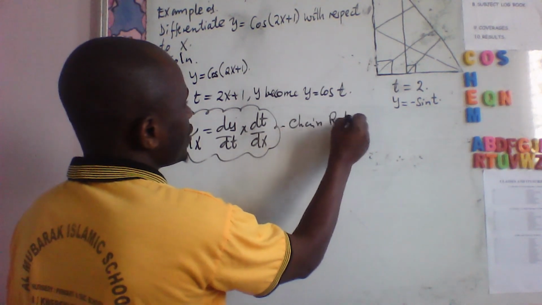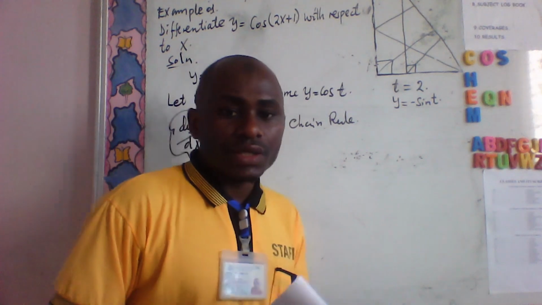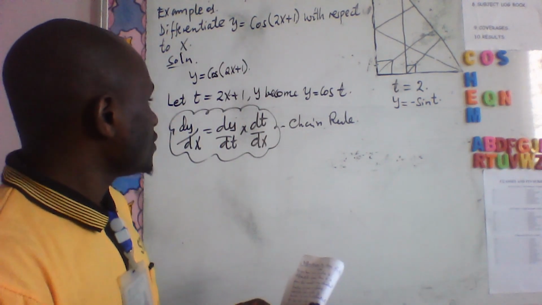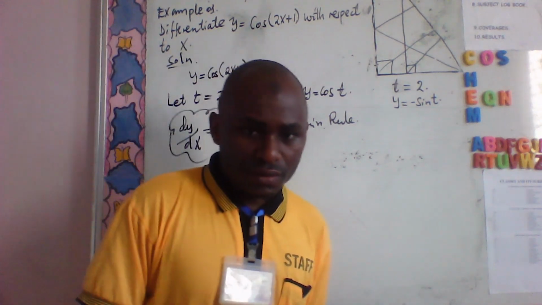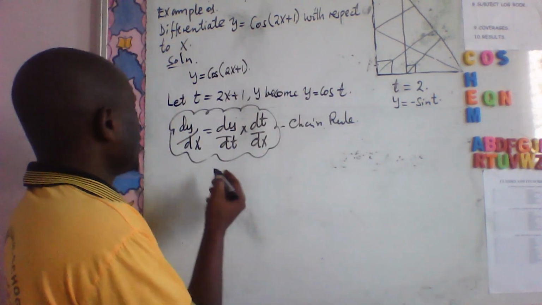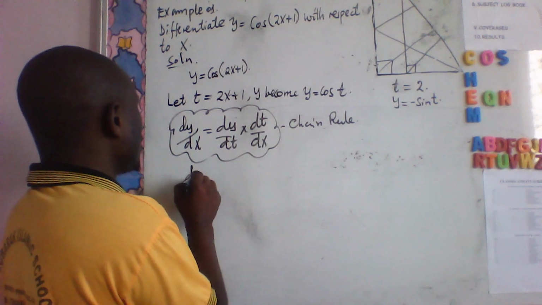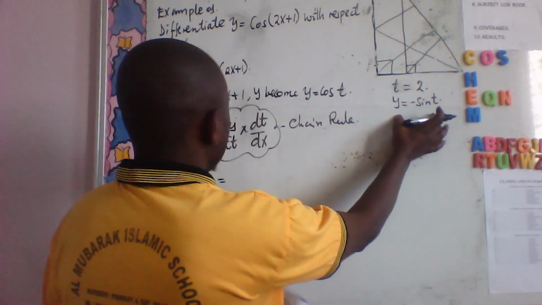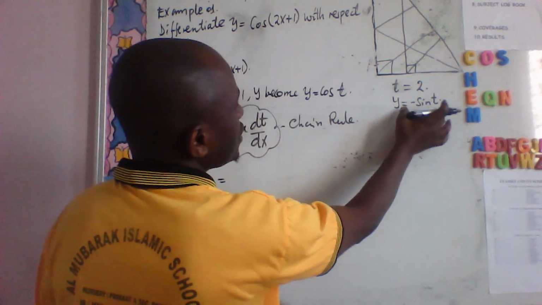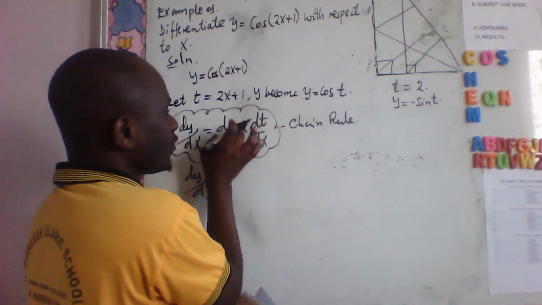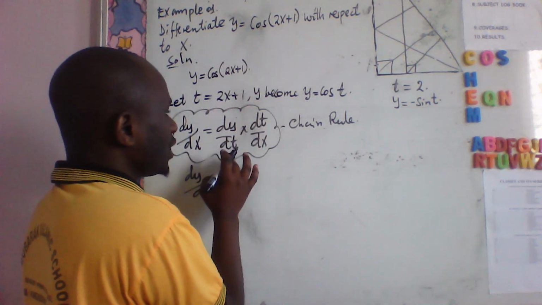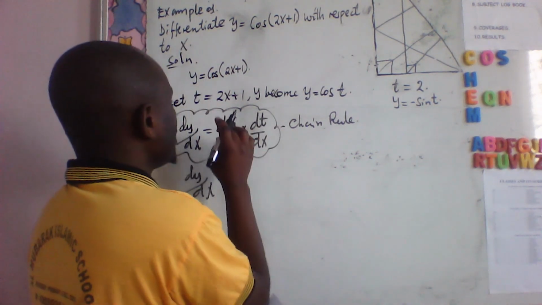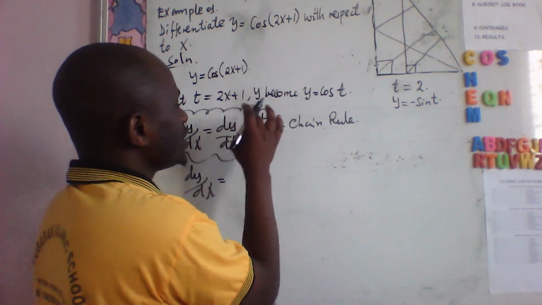If it is a chain rule, we are supposed to go through it slowly, step by step, to see how it is. So let us recall it: dy over dx is equal to dy over dt times dt over dx.